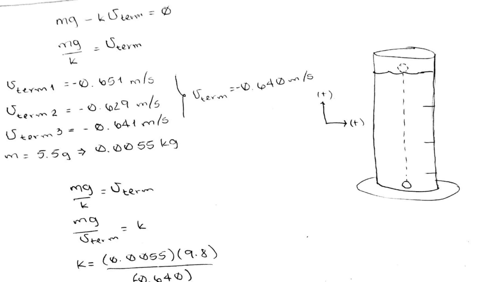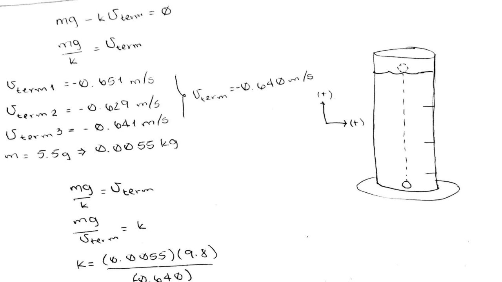In order to obtain a general terminal velocity, we took an average of the 3 of them. By the way, the results are all negative because, as you can see in the diagram I drew, we took positive movement upwards and positive to the right. So since it's going down, it's negative.